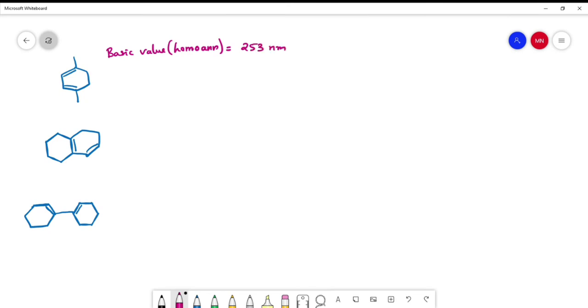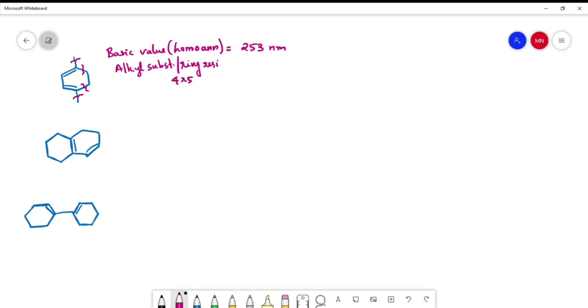Now you have to identify the alkyl substituent as well as ring residues. So how many are there? Here one alkyl substituent, here one alkyl substituent, two are there, and one ring residue, the another ring residue. So altogether you have four such things. So you can write alkyl substituents or ring residues is equal to 4 into 5.